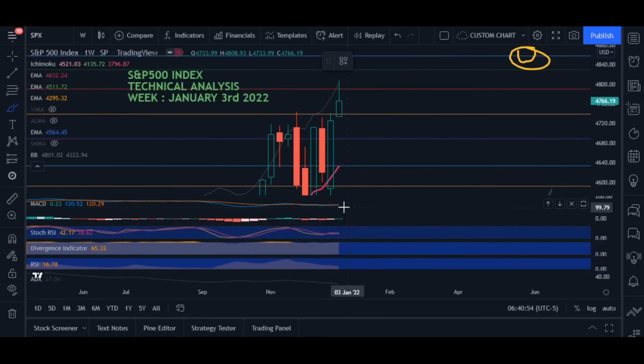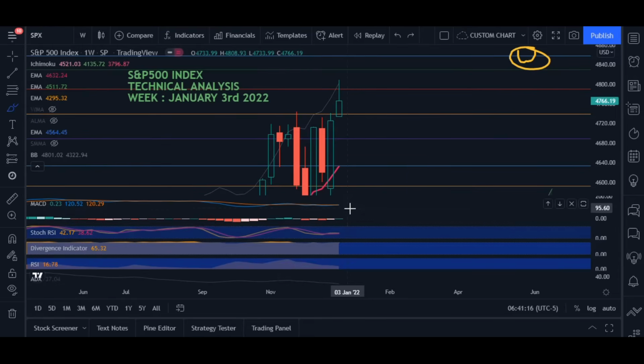But see, it is still marginal. For example, if the market comes down in the coming week, the MACD will be flat again, and in that case it will favor the bears.